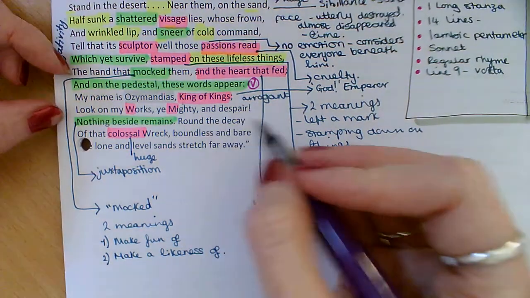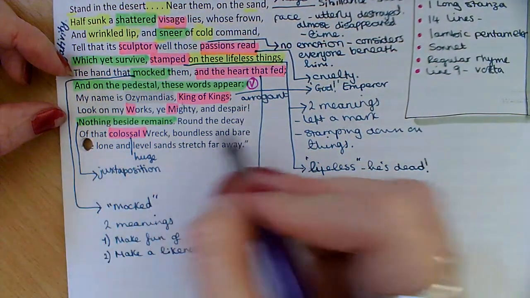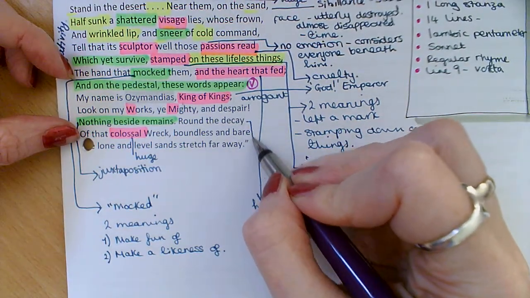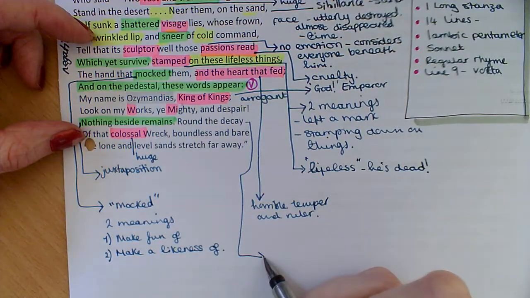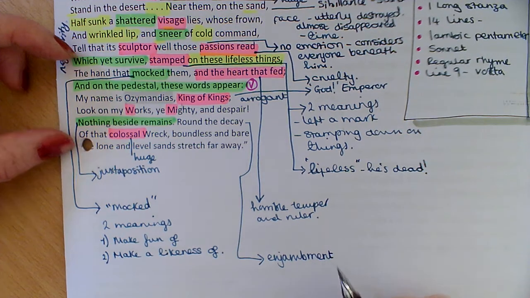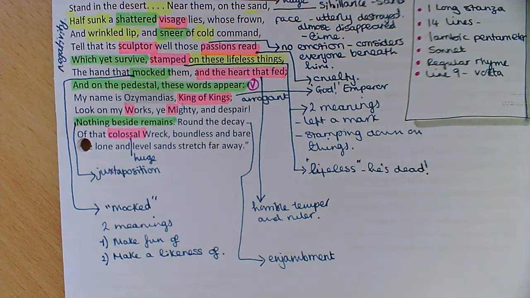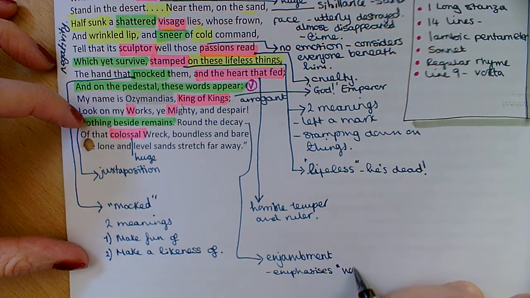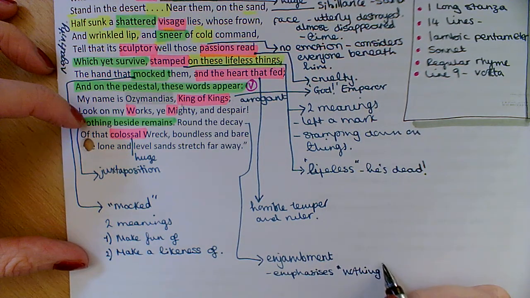And the enjambment there, round the decay of that colossal wreck, that enjambment really emphasises that nothing beside remains, that really short sentence. Really makes it seem like it needs to be out there separately.